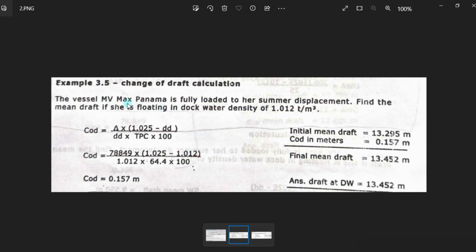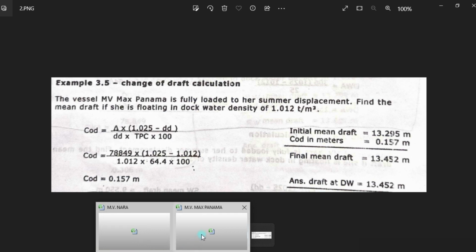So I hope, in the Panamax vessel, the problem here was that if you have a draft of 13.295, which is the summer displacement, if you were to float in a density of 1.012, what will be the draft? So the answer is 13.45 if we are floating in a density of 1.012. Okay, so let's investigate.